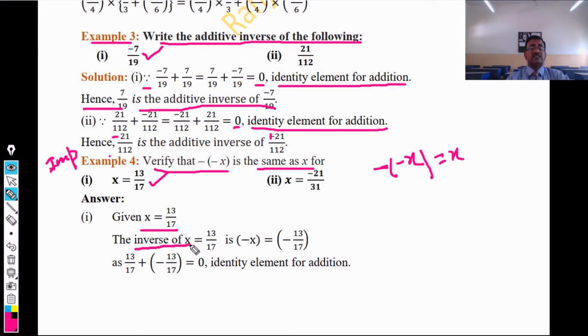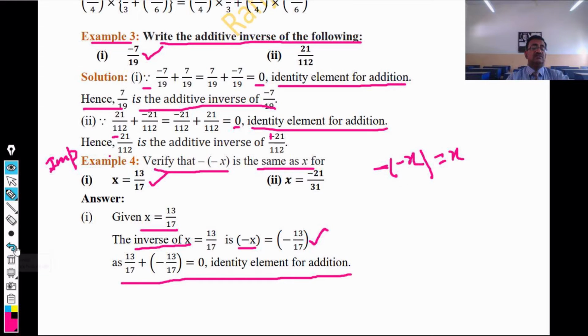Now, the inverse of x is minus x, like here you are solving, so you have to put a minus sign before it. It is minus 13 by 17. And from the property you know, 13 by 17 plus minus 13 by 17 is 0. That is the identity element for addition.